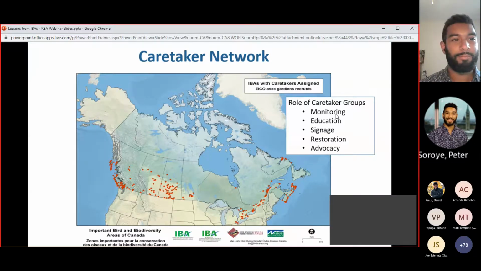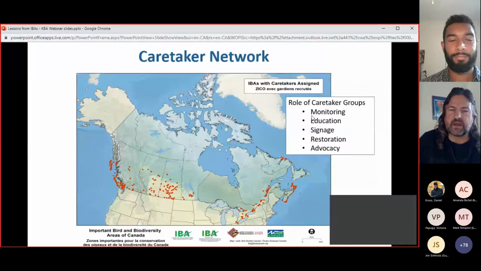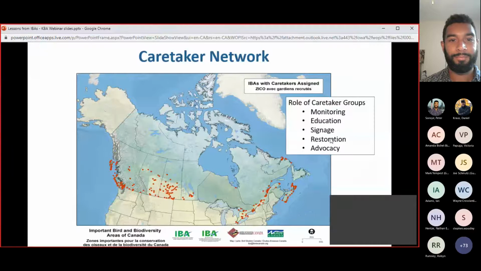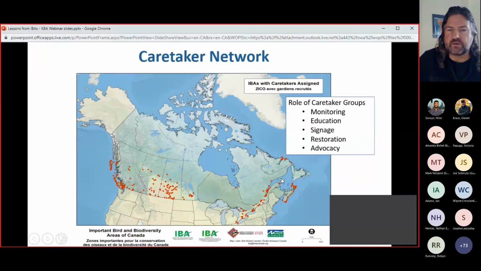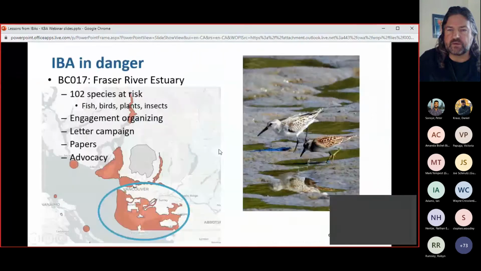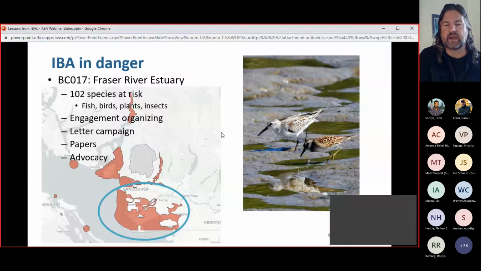Sometimes little action is actually needed, but at other times there might be monitoring, education, signage that's needed, restoration, advocacy work, and advocating for outright protection. So I just have a couple of case studies to show you of places where a lot of action has occurred.